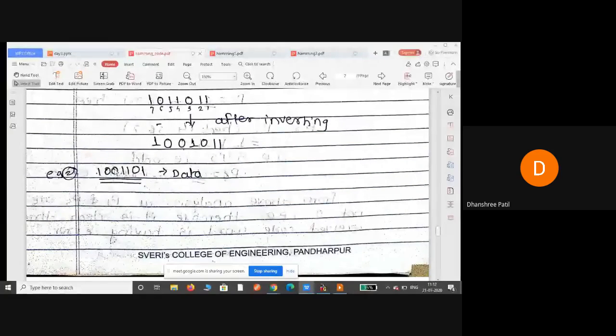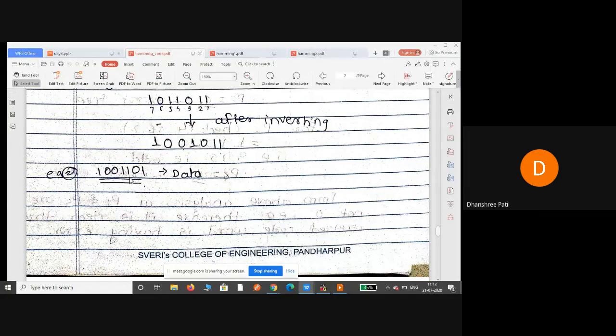This is the total Hamming code. No need to calculate the parity bits. Directly take this as the Hamming code structure. Check whether an error exists or not, and if an error exists, at which position it exists. That you have to calculate.